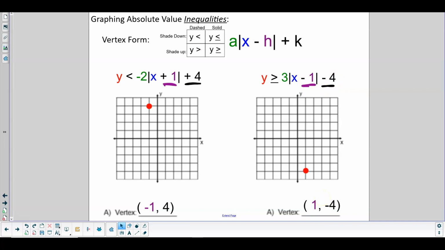Put your dots in for your vertices, and then pay attention to your multiplier. What's in front? That letter A is the multiplier. So if I'm looking at -2 here, that one's going to be a downward facing graph, and +3 over here, so that one's going to be an upward facing graph.